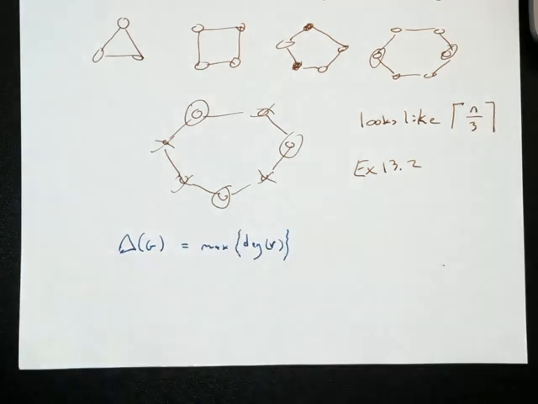So the closed neighborhood would have size 1 plus that, right? The largest possible closed neighborhood would be 1 more than that.